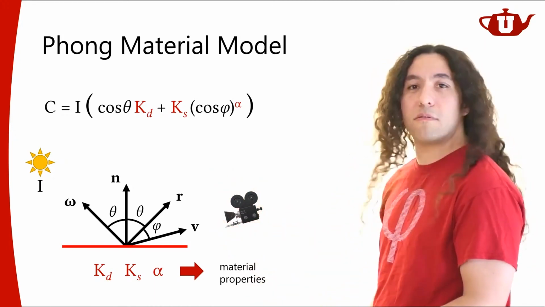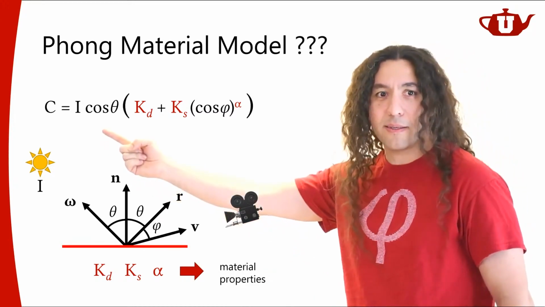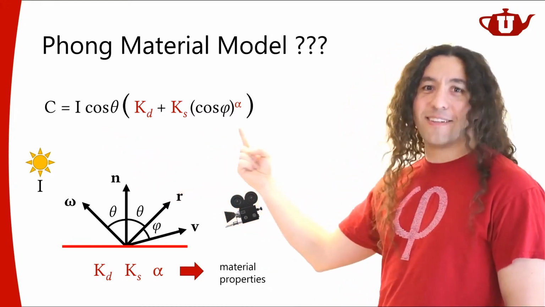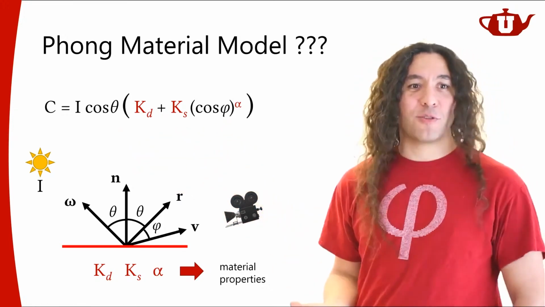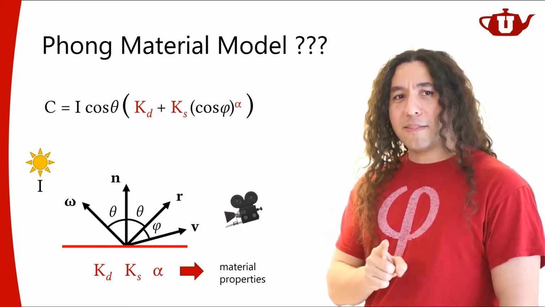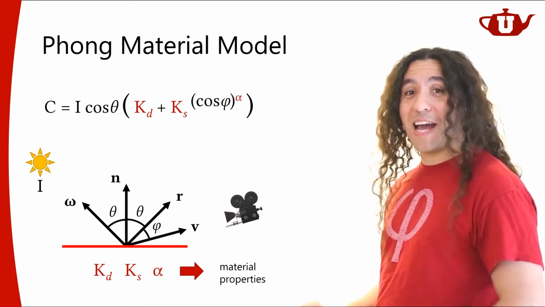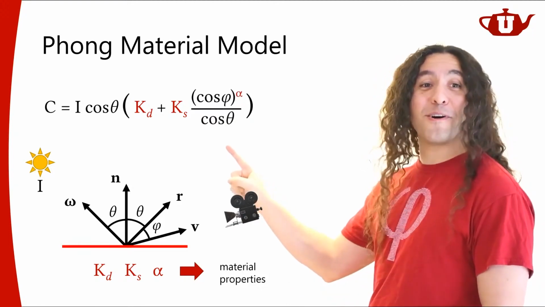So it should look more like this, right? I mean, this should be the light, and I should multiply this specular term with that. But no, we don't do that. And there's a reason. Because in the Phong material model, there's actually a hidden 1 over cosine term here.